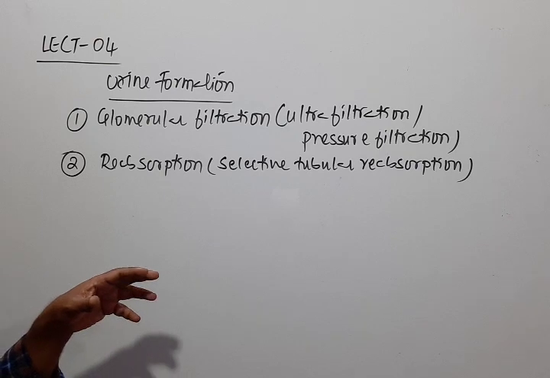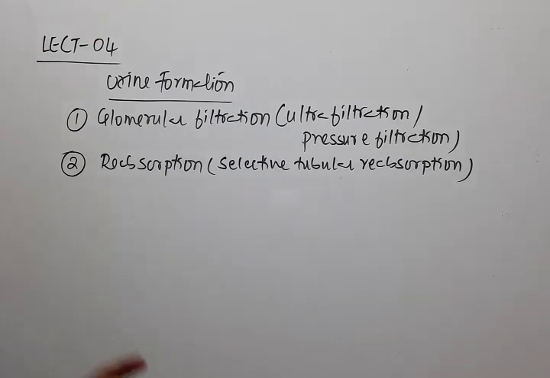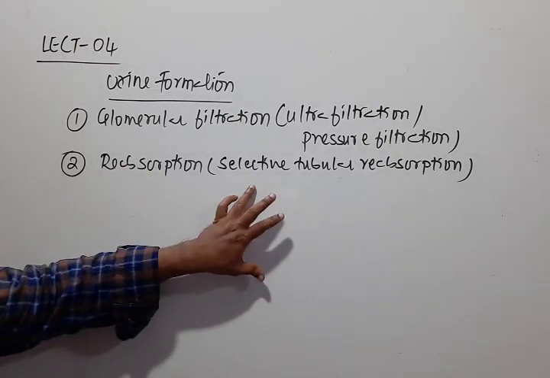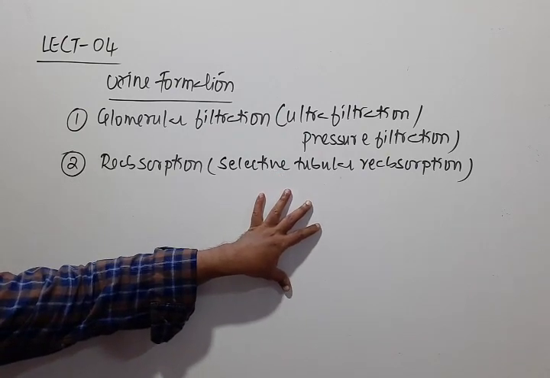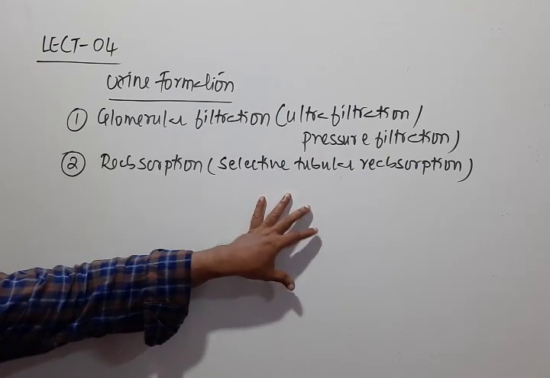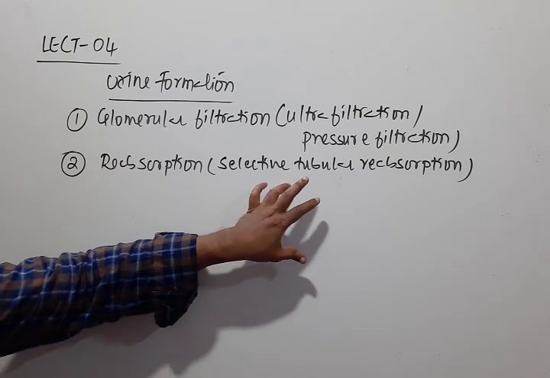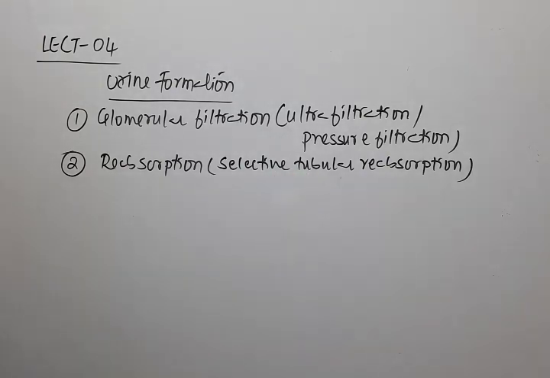That reabsorption is a selective process, meaning only certain substances are taken back, and for that reason we call it selective tubular reabsorption. From the tubules it is reabsorbed back into the blood circulation.